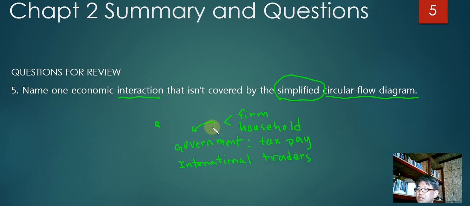The reason why we have to consider more extended entities is, for example, Starbucks.